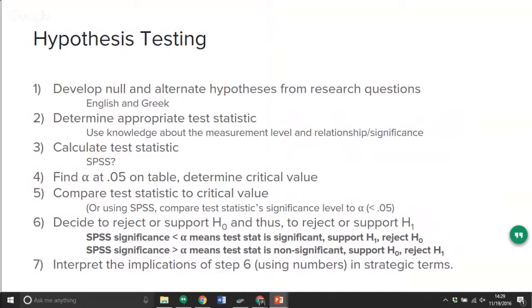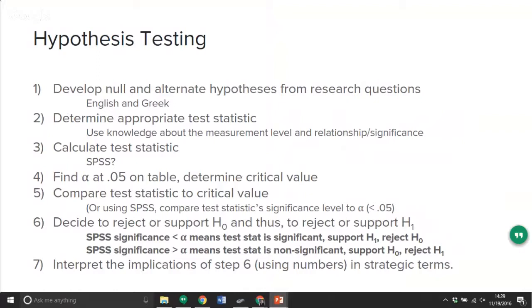And not only does SPSS calculate statistics for us, but it also gives us p-values, which are in line with levels of significance, which we've talked about previously in terms of null hypothesis testing. So if we're able to use these p-values, it makes it a lot easier for us to interpret what exactly is going on vis-a-vis testing hypotheses.